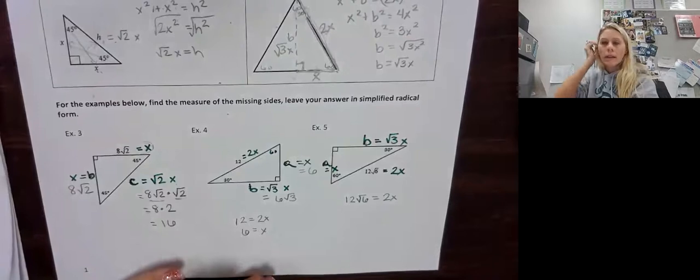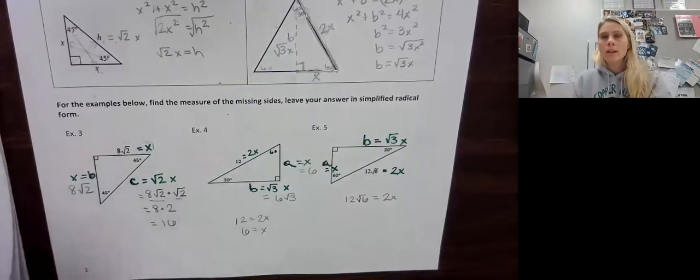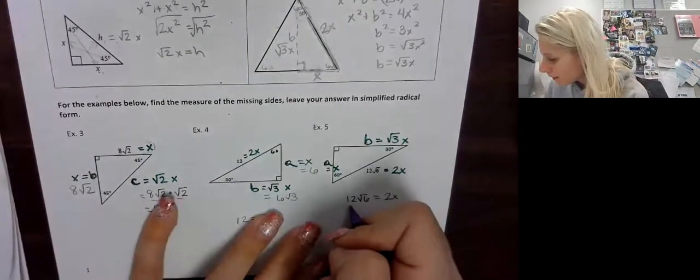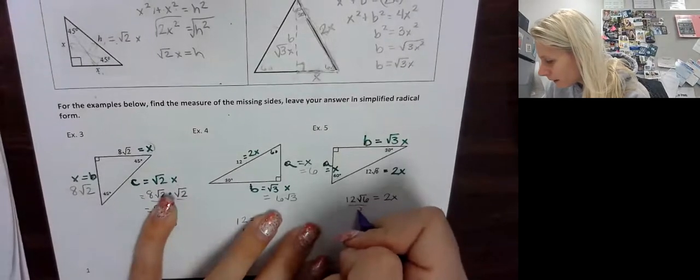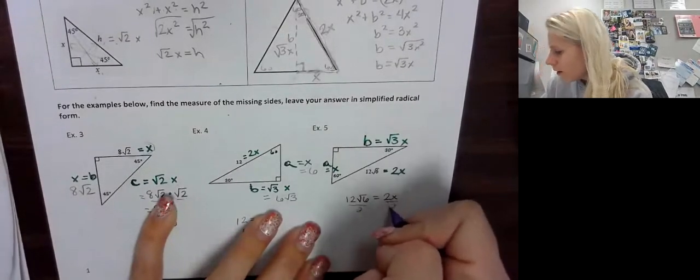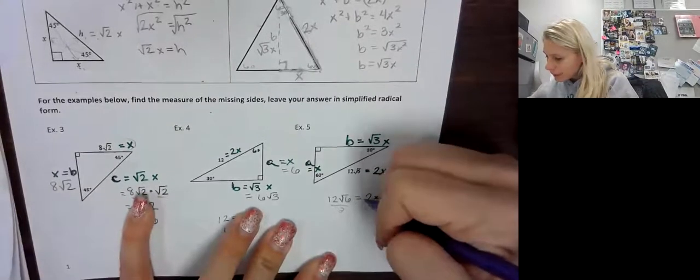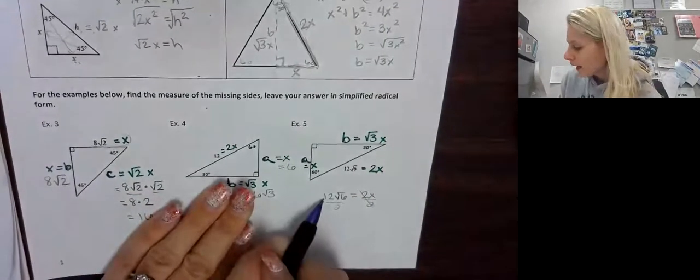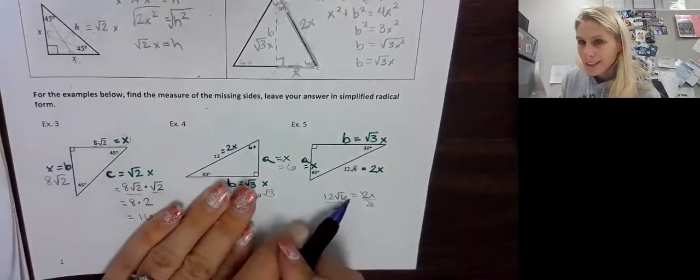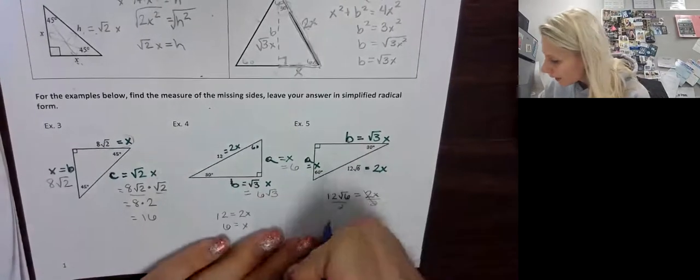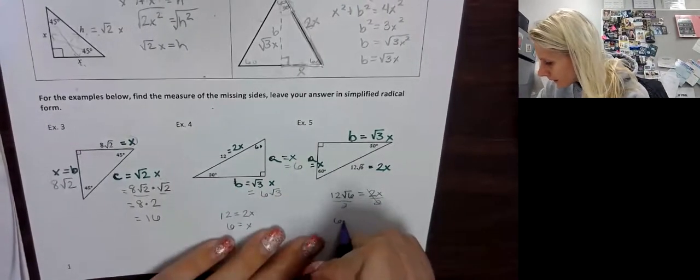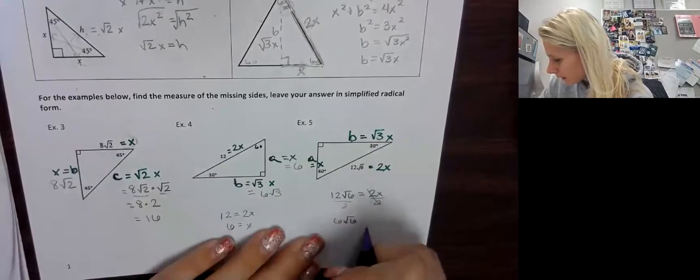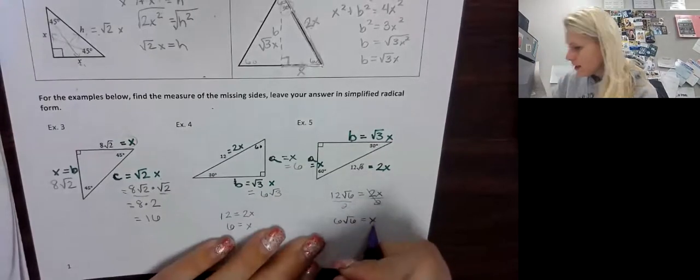Okay, how do you get x by itself? Divide both sides by 2. I'm going to show you this time because this is a little bit different. Remember that when we divide both sides by 2, guys, you are only dividing the number up front. You're not dividing the square root. Okay, so this comes out to 6 square root of 6 equals x.